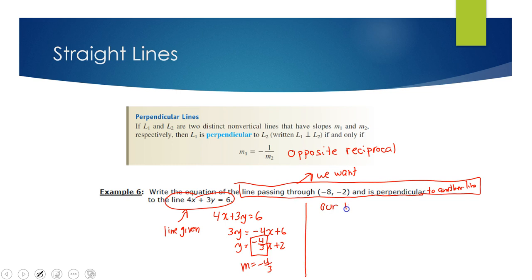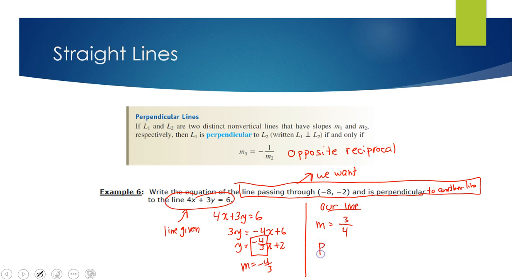Our line, the one we're looking for, then, for it to be perpendicular, its slope has to be, well, since the line we were comparing it to has a negative slope, ours is going to be positive. The fraction, I'm going to flip it. Instead of having 4/3, I'm going to have 3/4. So that is the slope of the line that we have.